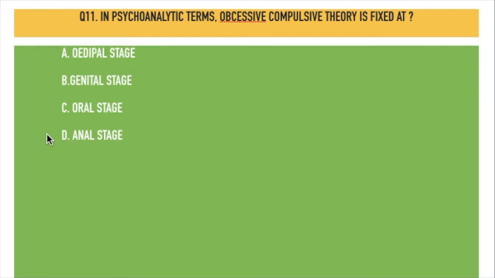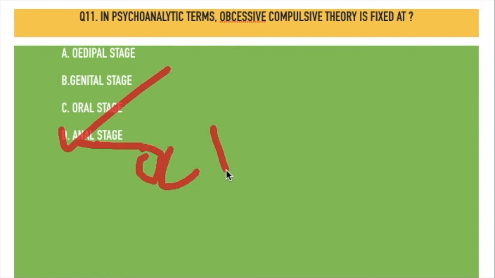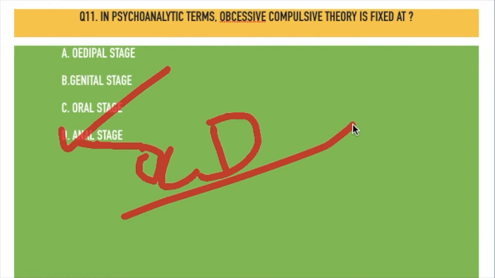The answer is option D, anal stage. Hysteria is also developed in the anal stage. So OCD and hysteria are developed in the anal stage.